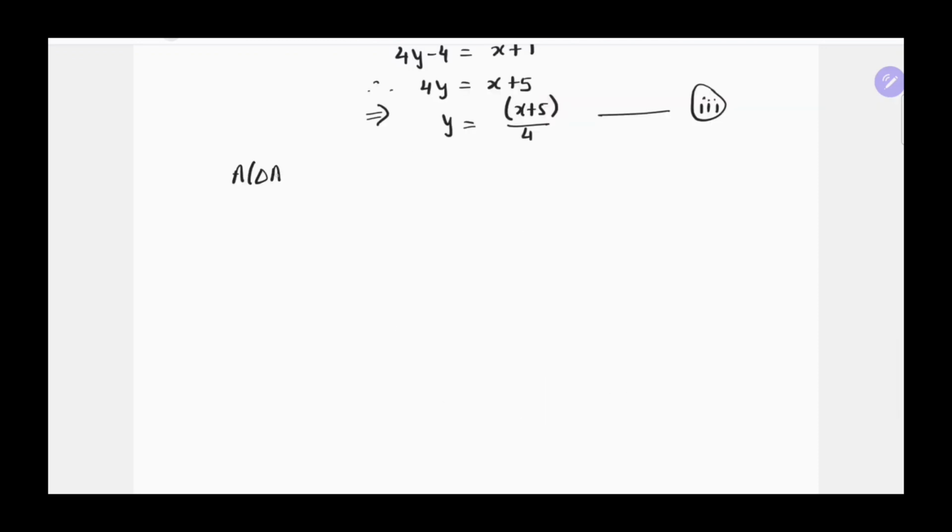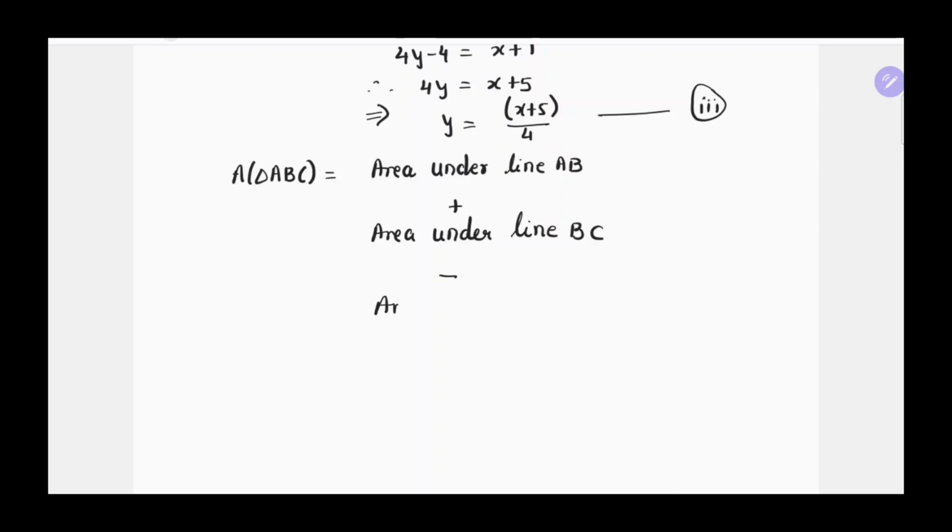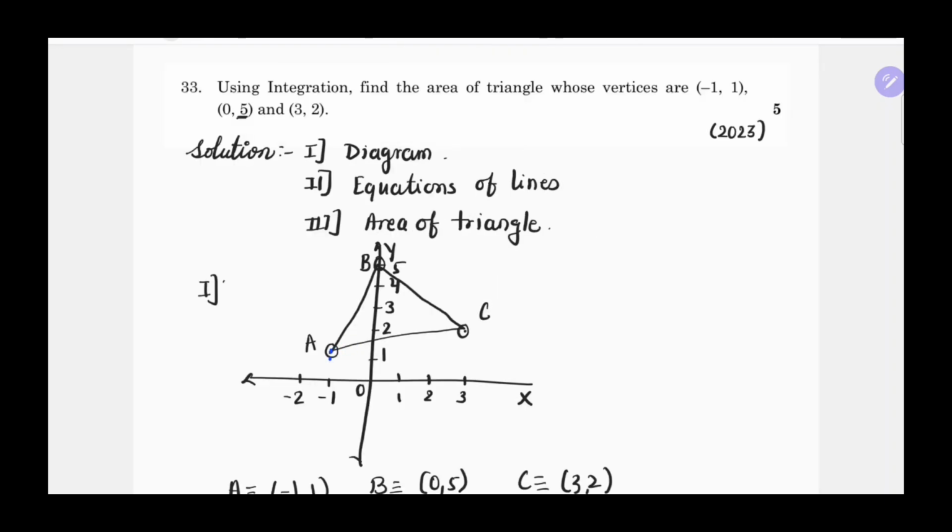Area of triangle ABC is area under line AB plus area under line BC minus area under line AC. Put the dotted line on the x-axis.